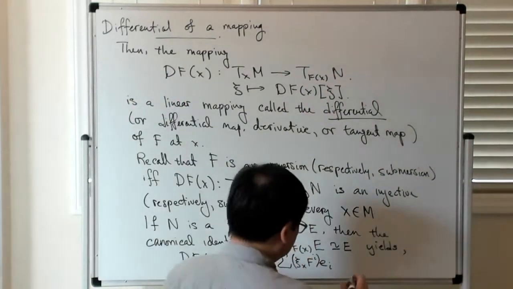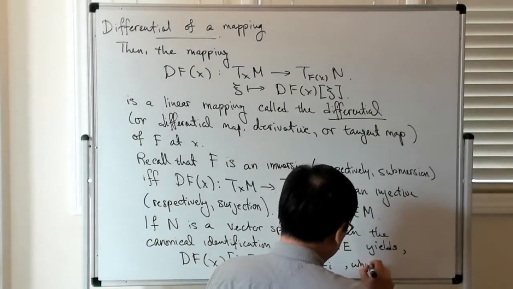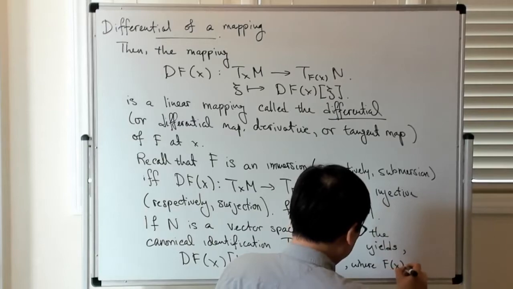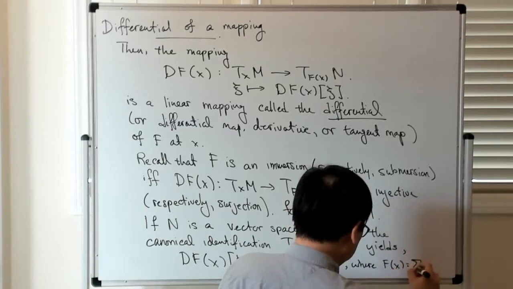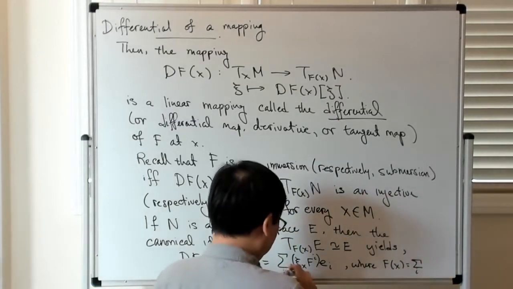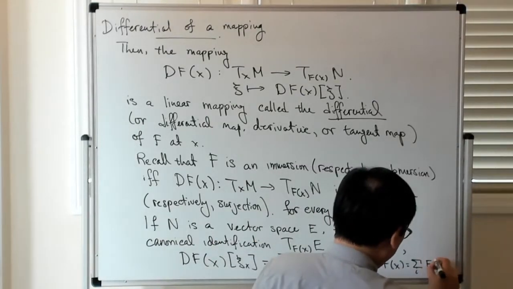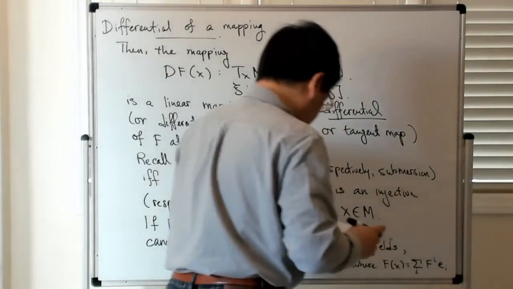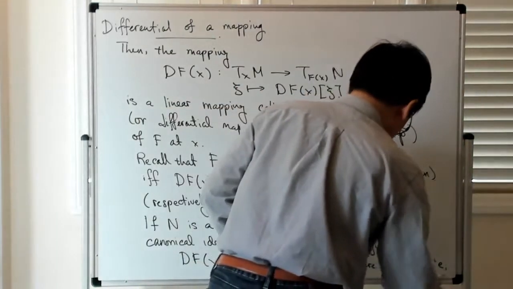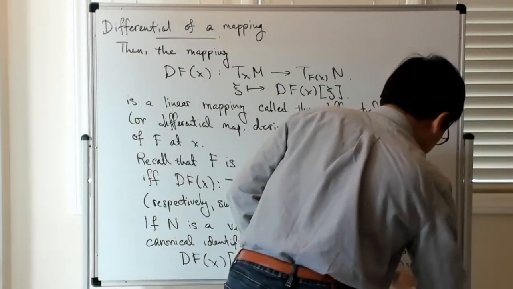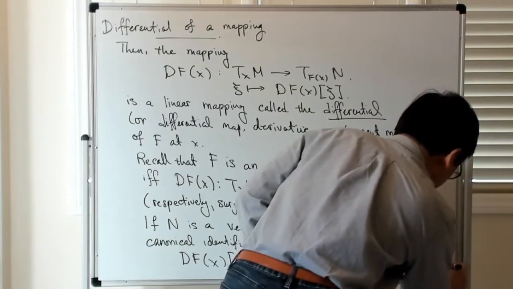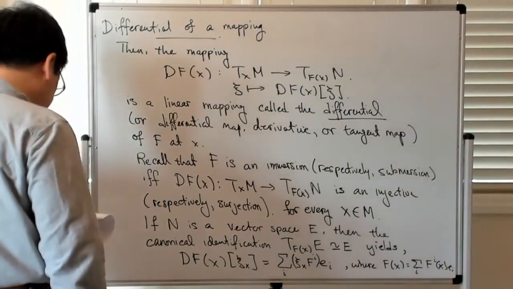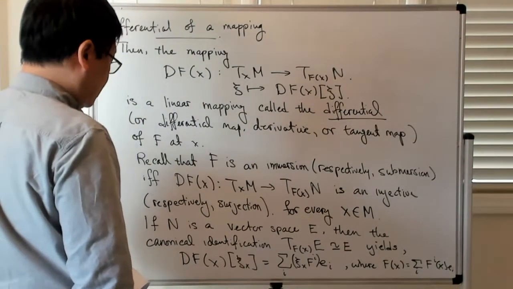You do this by the fact that f of x can be expanded as the sum over i of f^i(x) e_i.